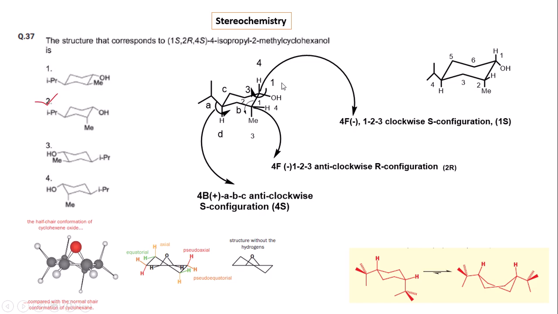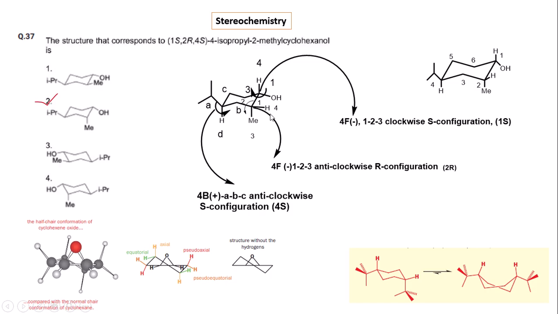And after RS nomenclature, we find that the OH group has higher priority, then this becomes 2, 3, 4, and here the fourth group is present in the top position. So according to the 1, 2, 3 clockwise, 4 negative rule, this is the 1S configuration.